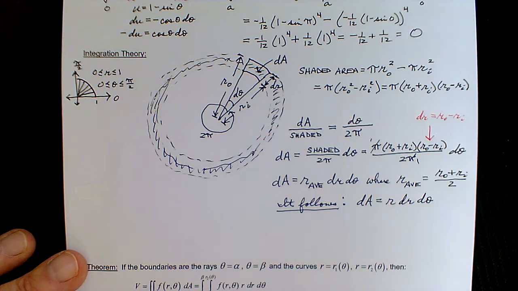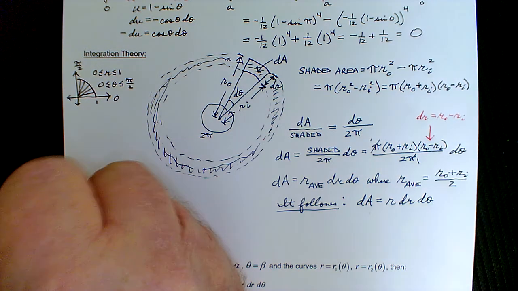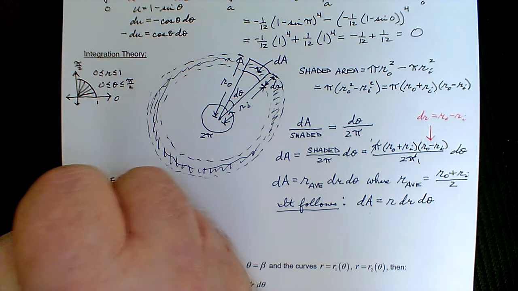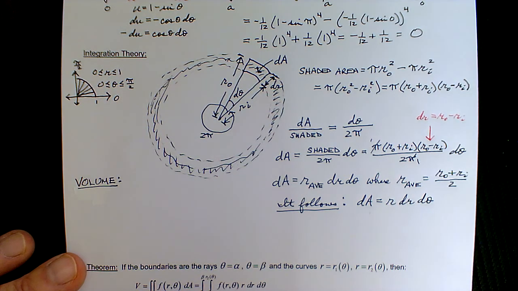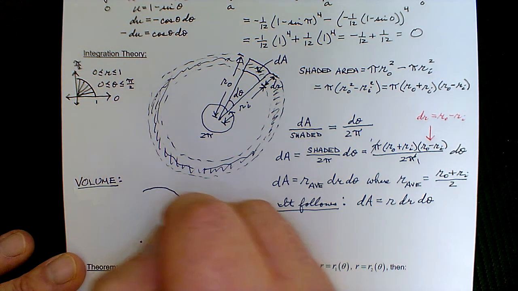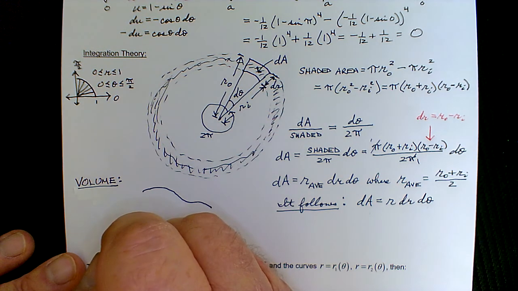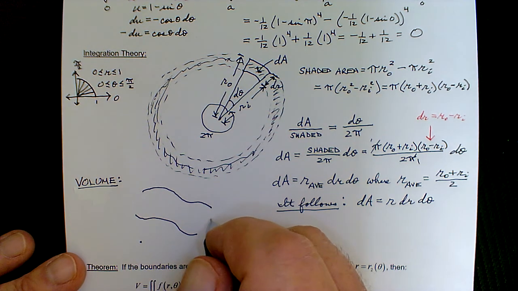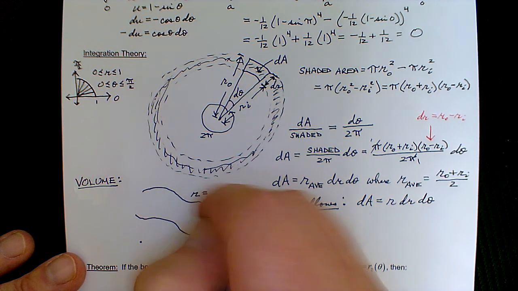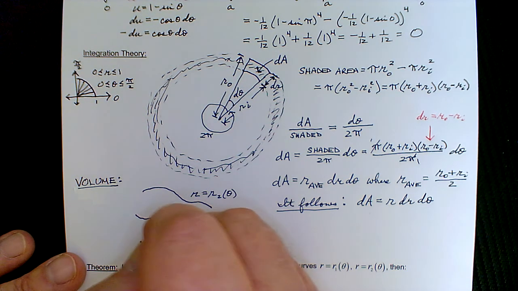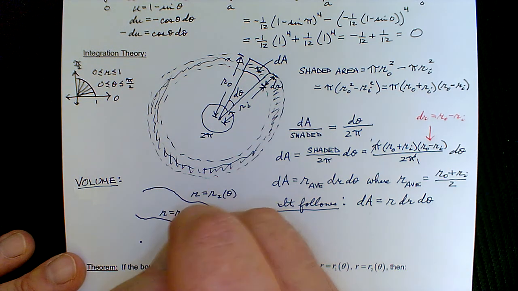Now, one last thing is concerning the volume. Let's say you had two curves, doesn't matter what they look like, and let me say that the outer one's going to be r equaling r sub 2 of theta, and the inner one's going to be r equaling r sub 1 of theta.